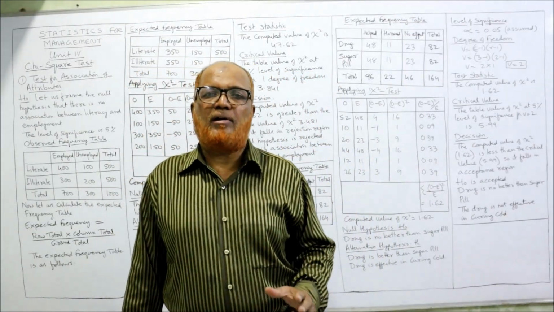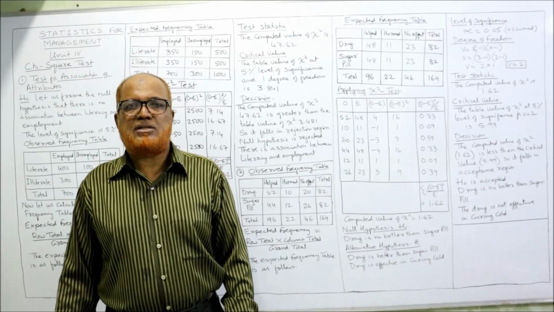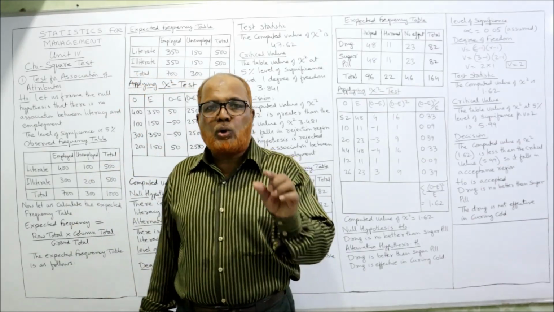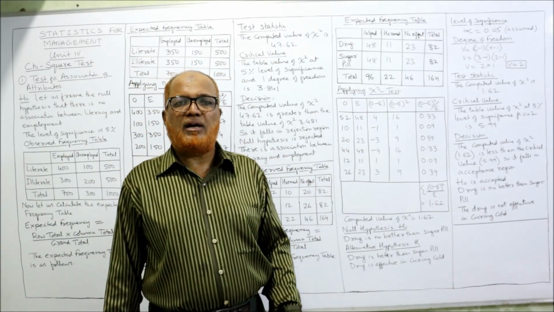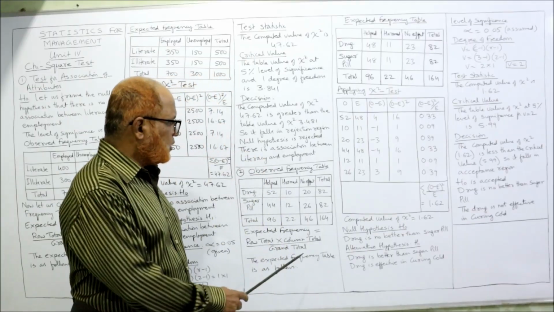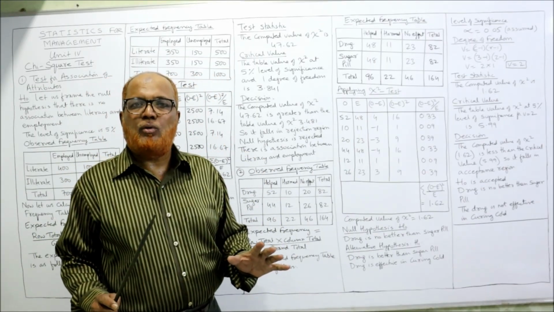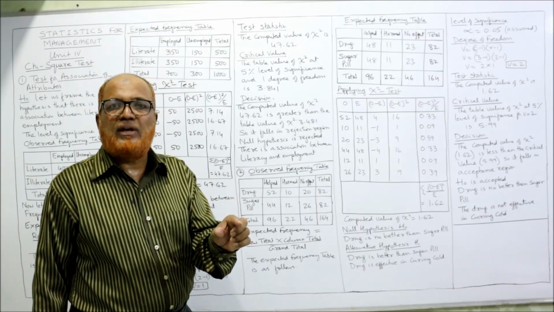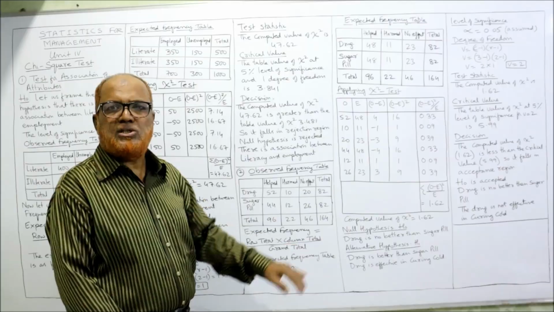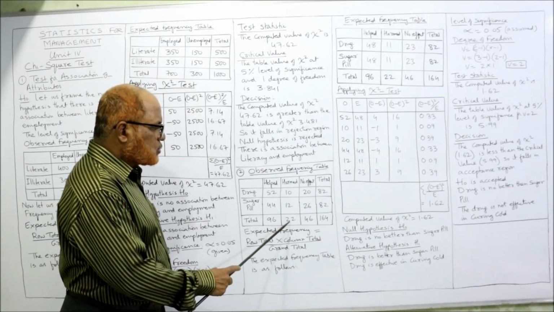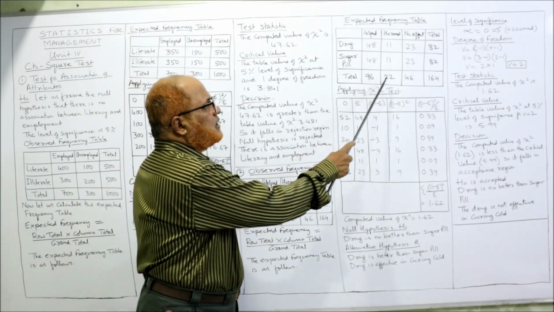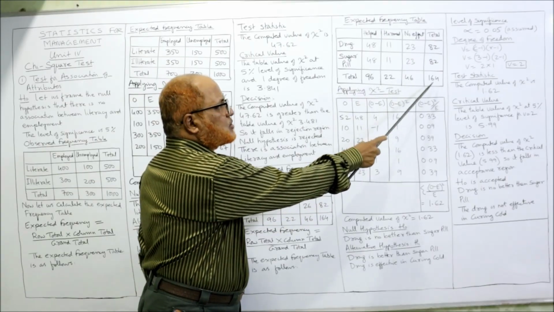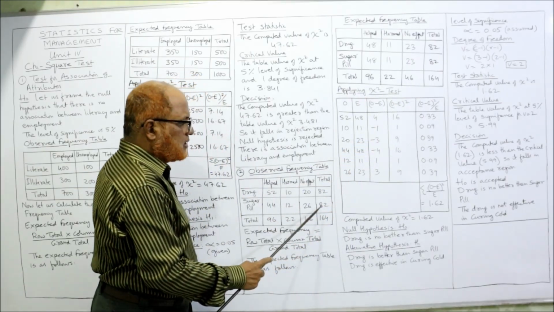Now we need to calculate the expected frequency table. I have given the formula: row total into column total divided by grand total. First of all, the same totals given in the observed frequency table, you take: 96, 22, 46, total 164, and 82, 82.